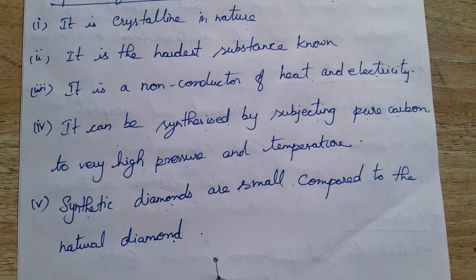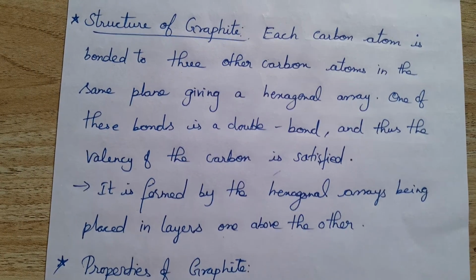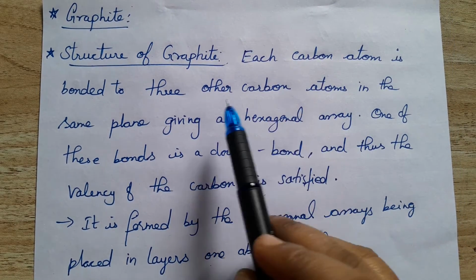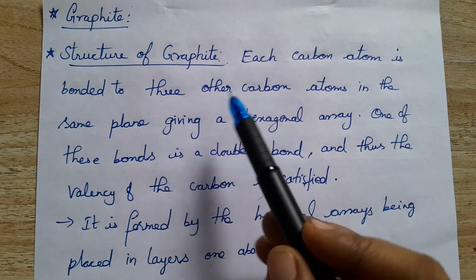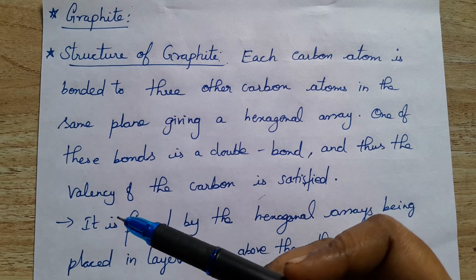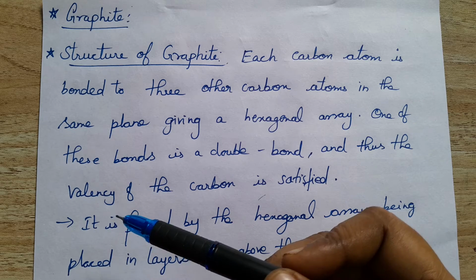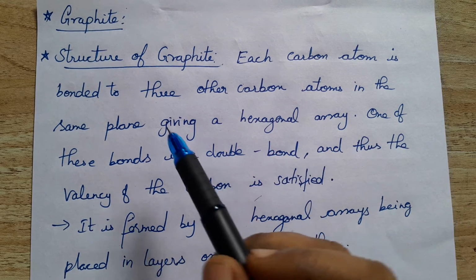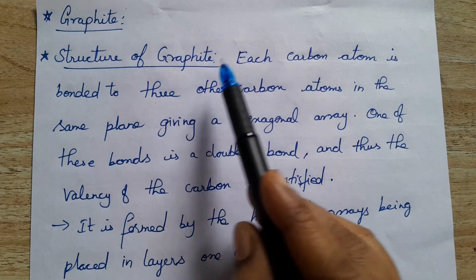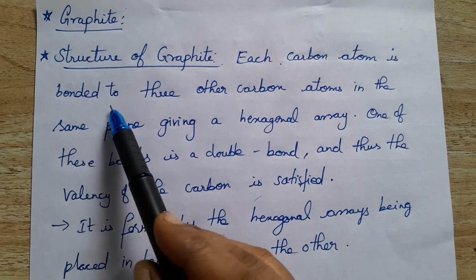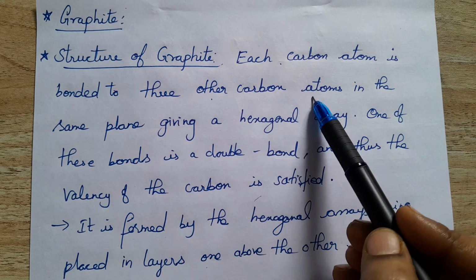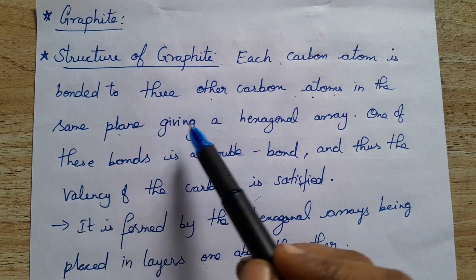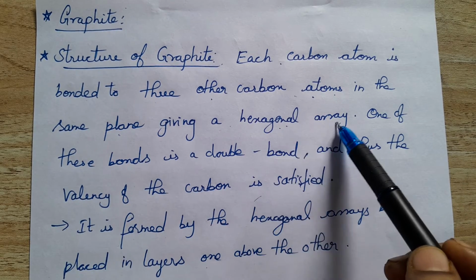Next one is your graphite. Because of the structure, the properties differ. Diamond is the very hardest material, and graphite is very smooth and slippery. The structure of graphite: each carbon atom is bonded to three other carbon atoms in the same plane, giving a hexagonal array.